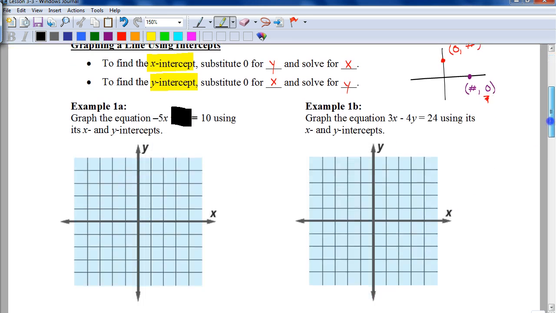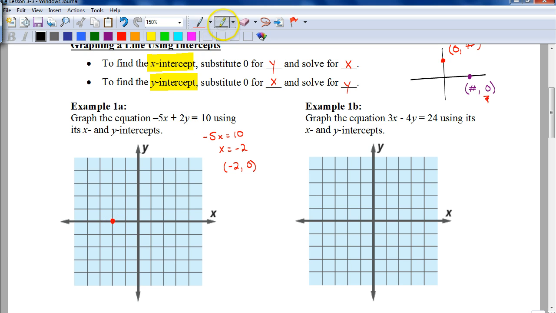So I have negative 5x equals 10. If I divide both sides by negative 5, I get my x-intercept is negative 2. So that means where x is negative 2, y is 0 is going to be one of my coordinates. So that's going to be over here.